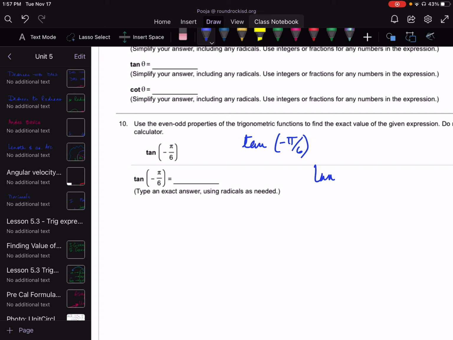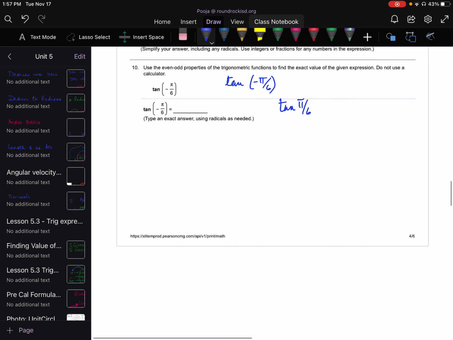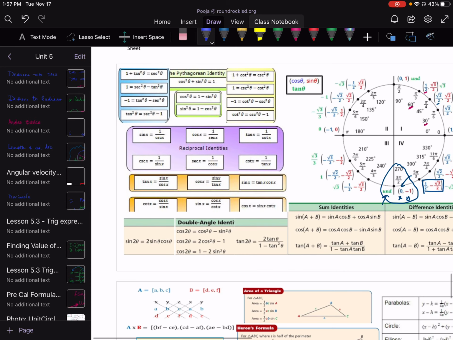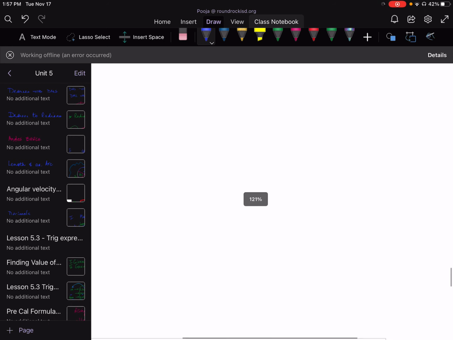For that, you could first go to tangent of pi over 6 and reflect it on the unit circle. So pi over 6 is right here, so that means negative pi over 6 will be this point, and get the tangent value of that, negative root 3 over 3.